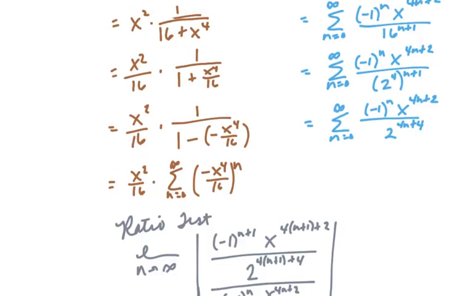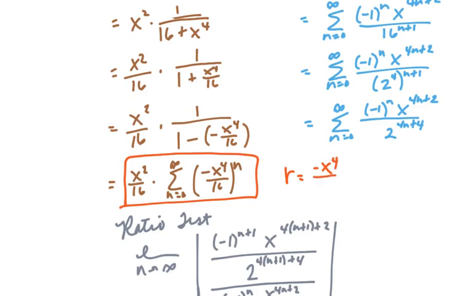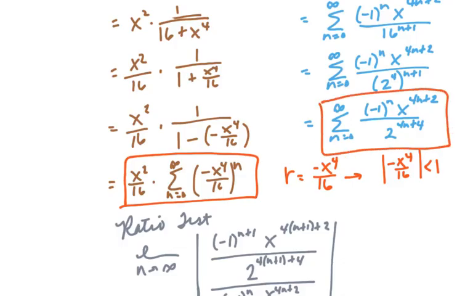We know from back here that this is a geometric series and that r equals negative x to the 4th over 16. And we know that this converges if the absolute value of negative x to the 4th over 16 is less than 1. And I lean towards geometric, but some of you are going to use the ratio test. Remember, that's our simplified power series.